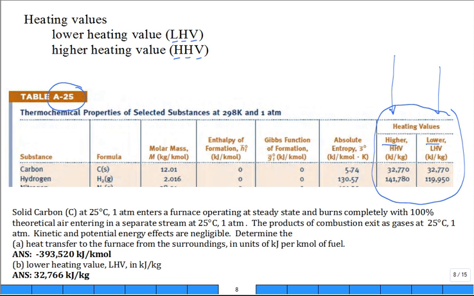Pretty straightforward, true? Notice what units there are for the heating values. Kilojoules per kilogram. It's on a mass basis, okay? This is how much heat is released per kilogram, and they're the same for carbon. But for hydrogen, they're different.